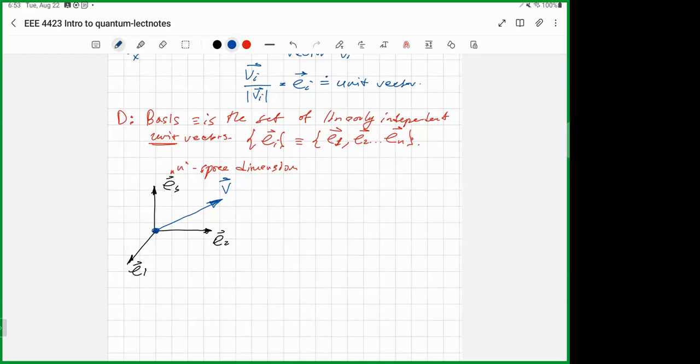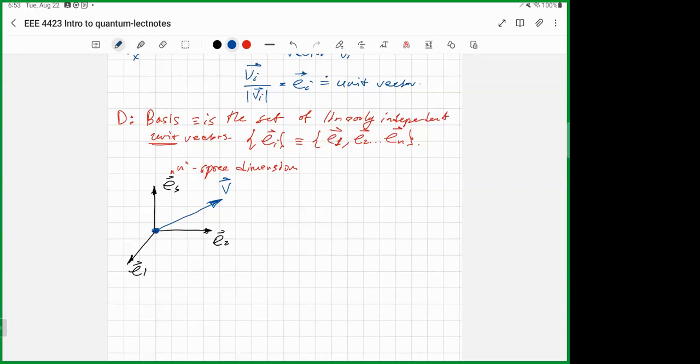But as we have selected, for example, one vector, we can find the other two linearly independent or orthogonal vectors to the pre-selected one. So as we introduce this space of n dimensions and this vector, how do we describe this vector?